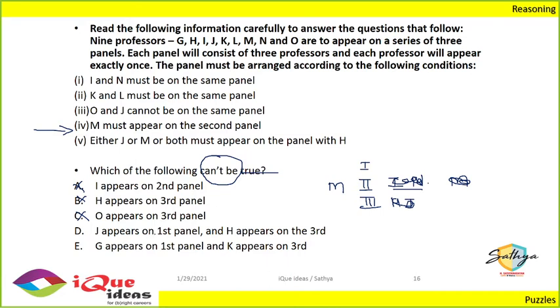Now, if J appears on the first panel and H appears on the third panel, that means all three of them are separated, and that means condition 5, that either J or M or both must appear on the panel with H, is violated, and hence option D is the one which is incorrect, which is not possible. Did you get that?